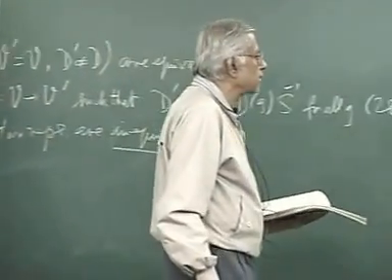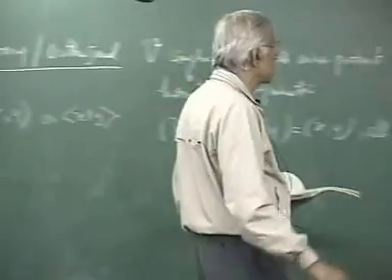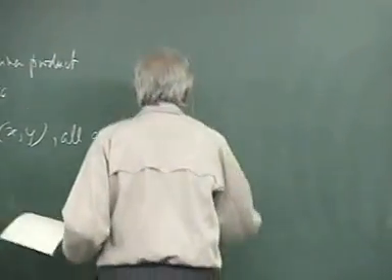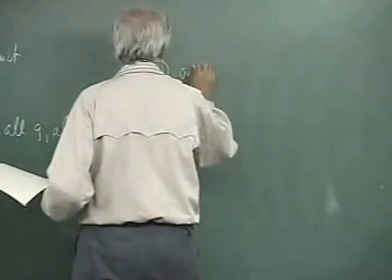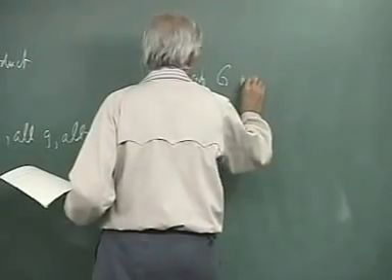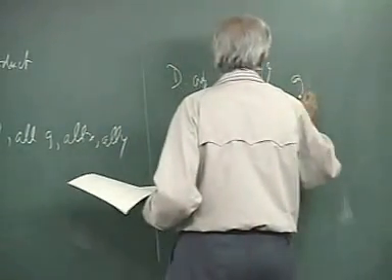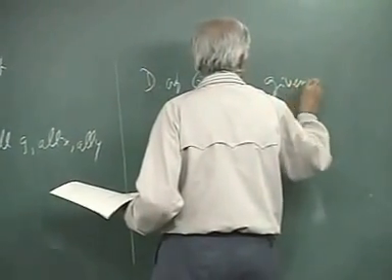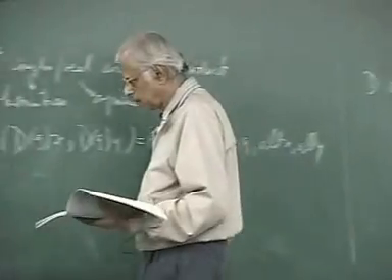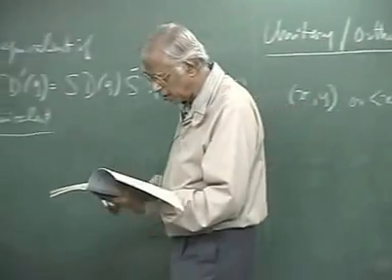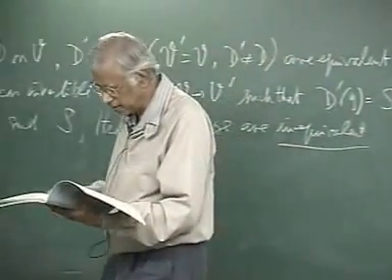Now, the following sometimes happens. A representation D of a group G on a vector space V is given. And let us assume V is a complex vector space for definiteness.